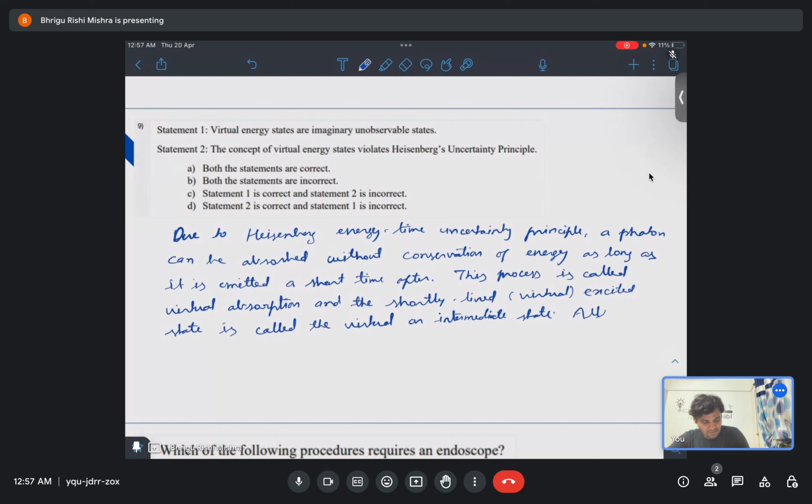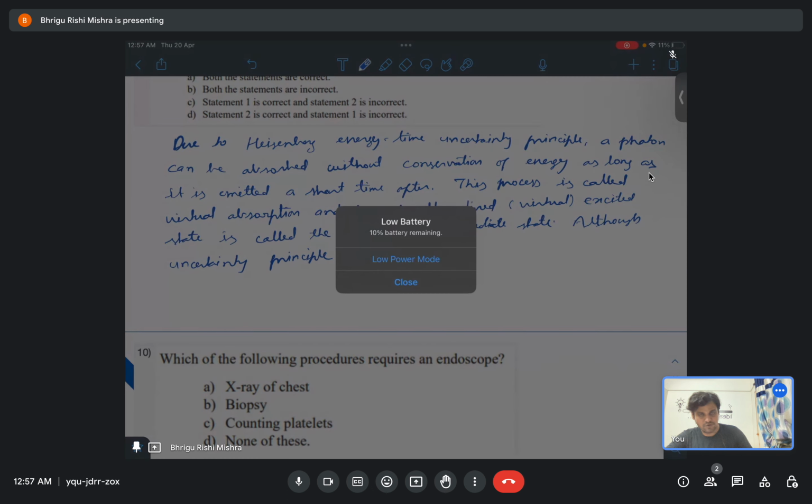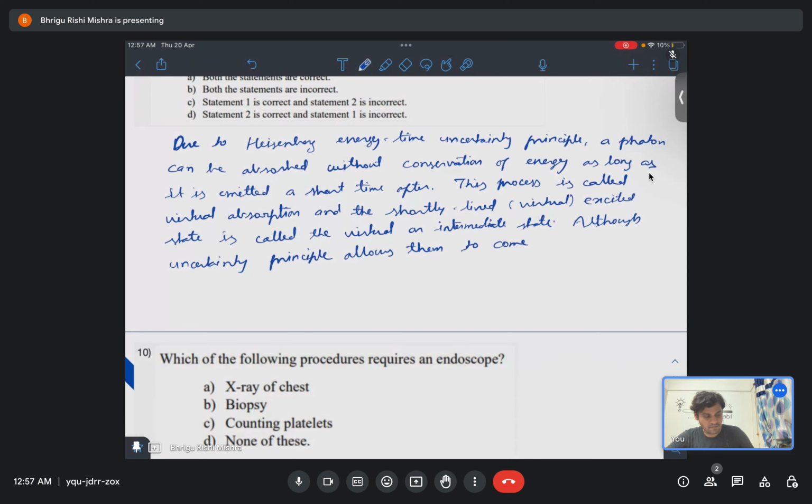Now the important thing is, although the uncertainty principle allows them to come into existence, it also dictates that they cannot be directly observed.